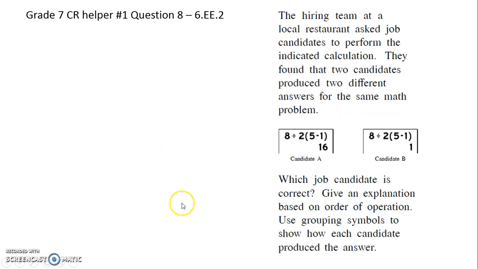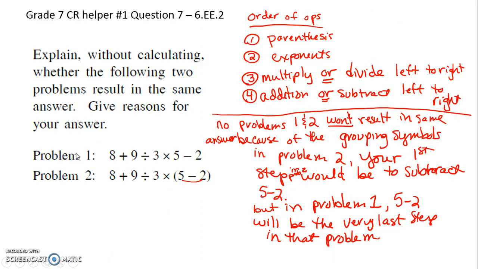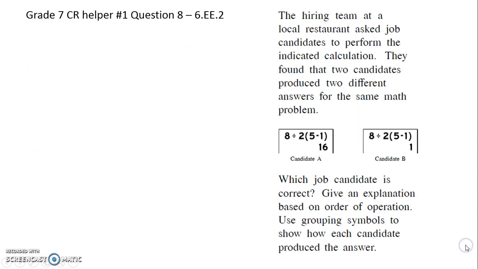So because of the order of operations, these won't end up being the same answer, based on the order of operations that you have to follow when you're simplifying mathematical expressions.